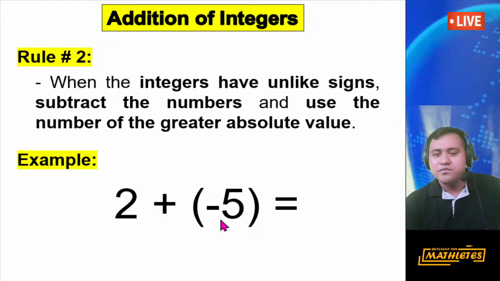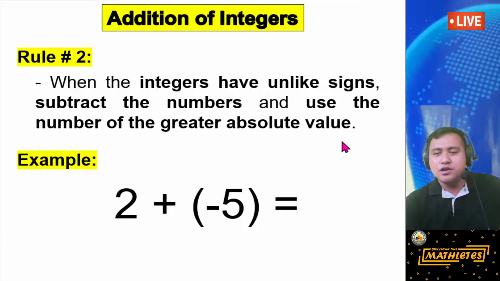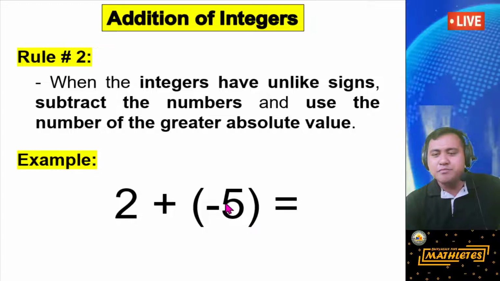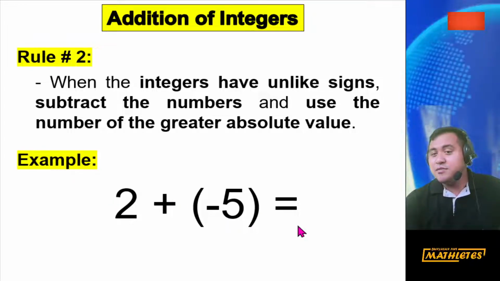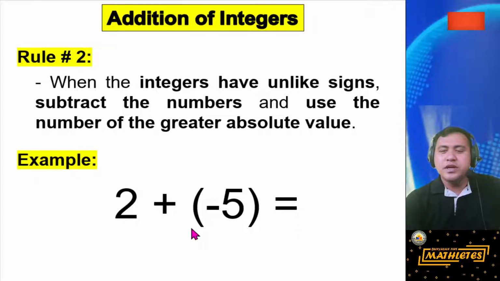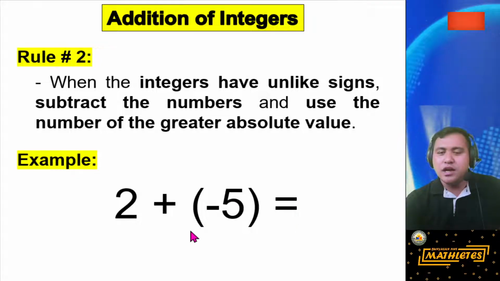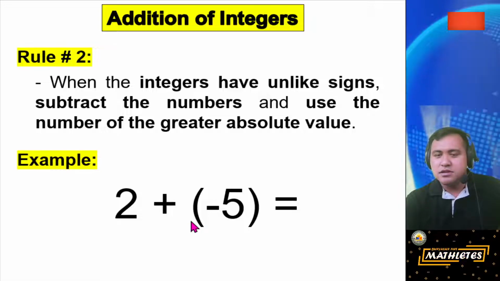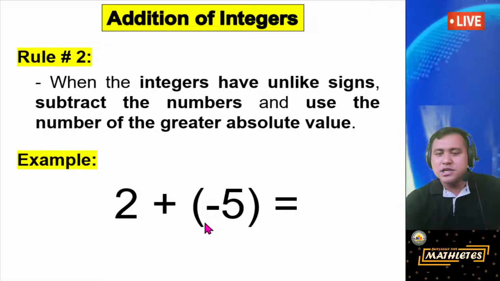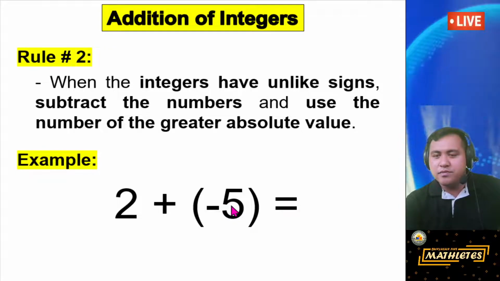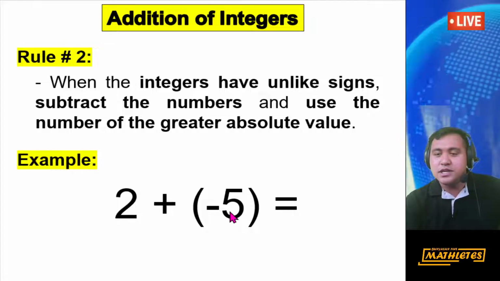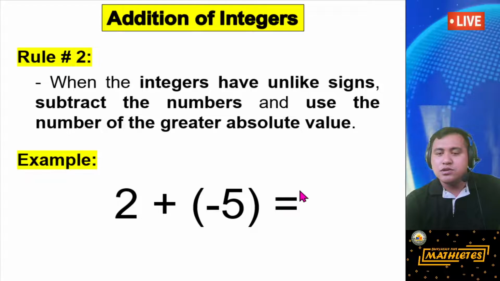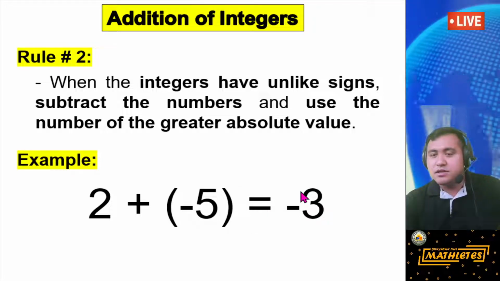So ato i-minus, 5 minus 2 is 3, di ba? Then use the sign of negative 5 kay mao man siya ang dako og absolute value. So 3, that makes negative 3.